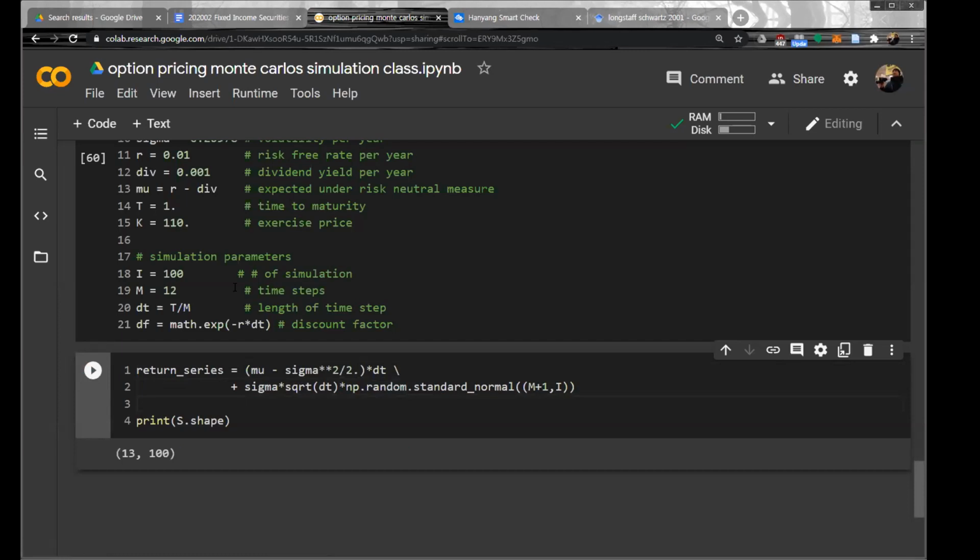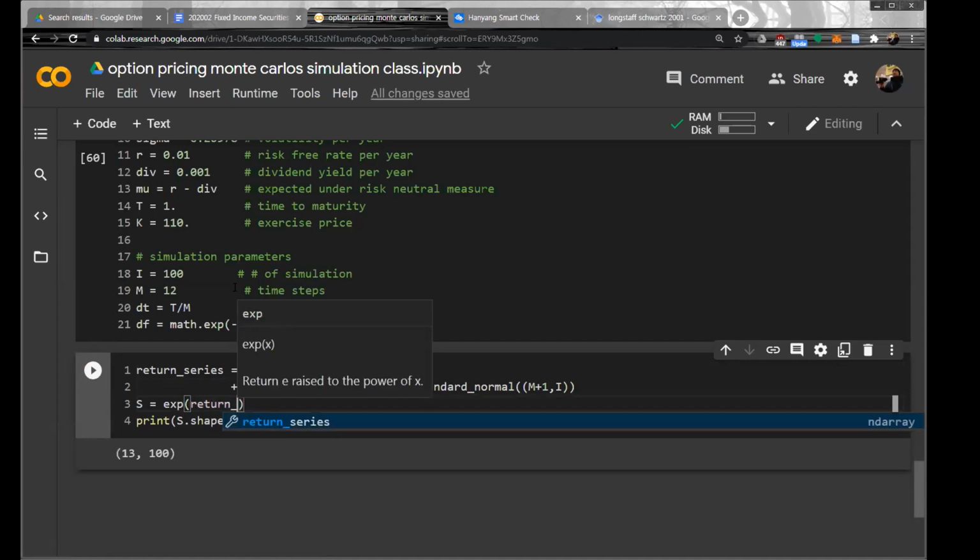And then for the stock price, I have to take the exponential of the stock returns, the return series.